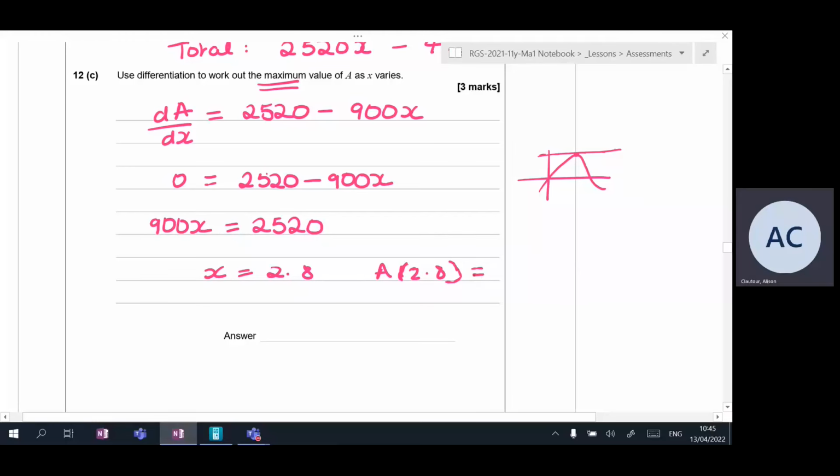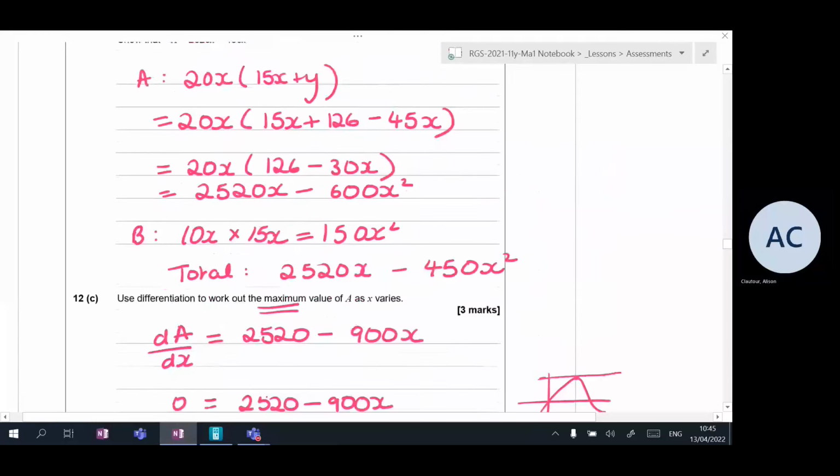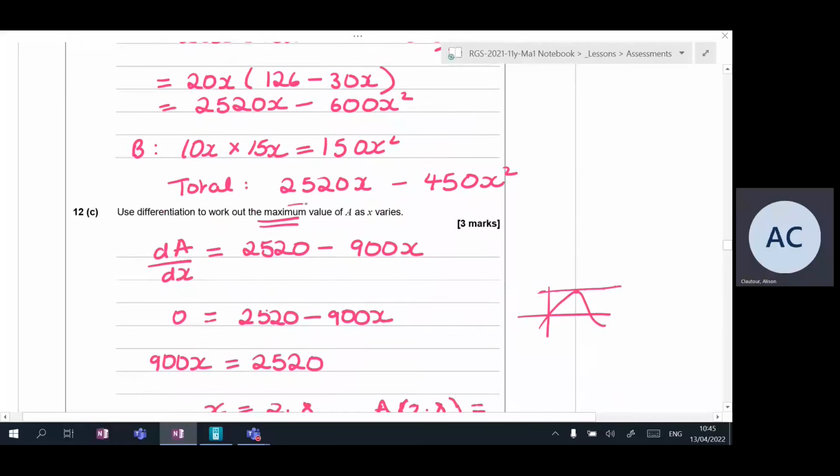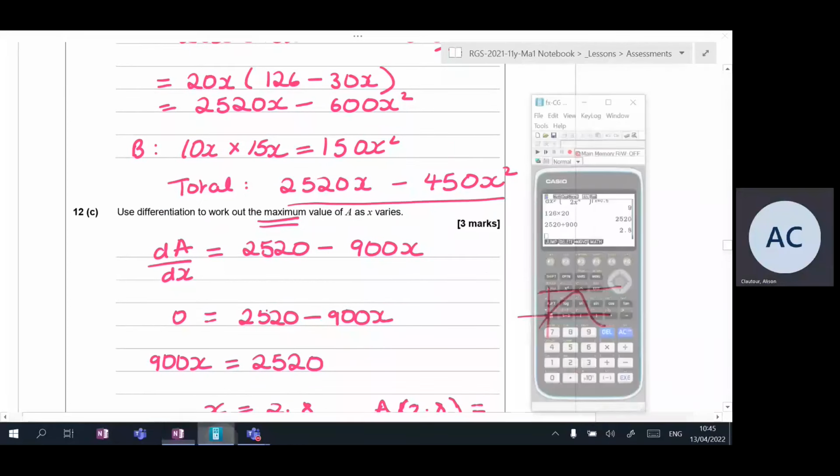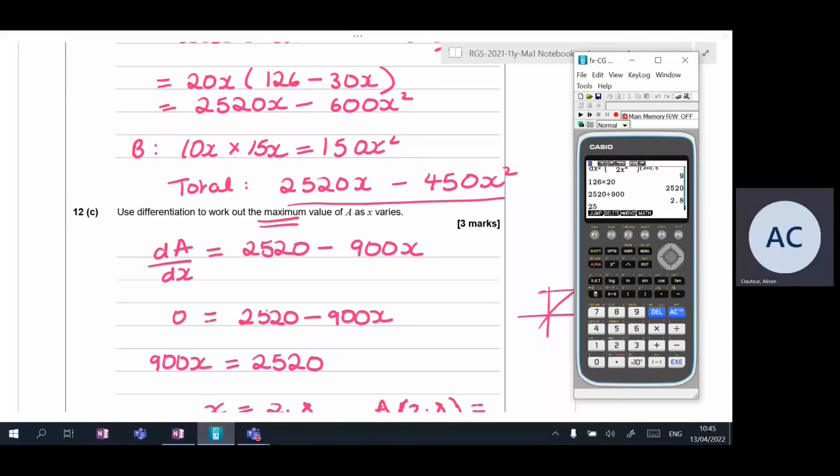So if we sub that back into the area formula, so remember the area was here. So we're doing 2,520 multiplied by 2.8 minus 450 times 2.8 squared.